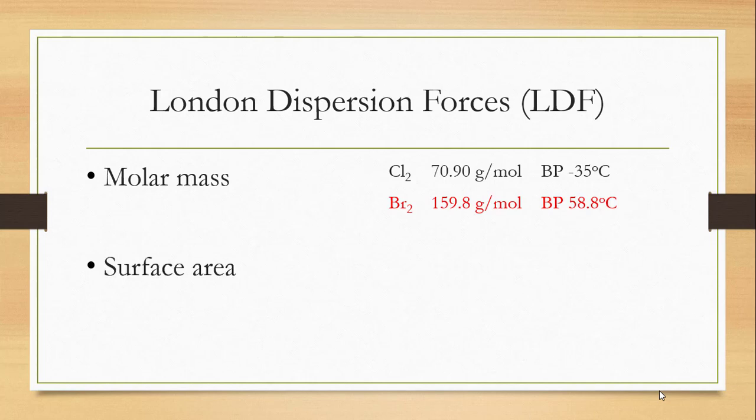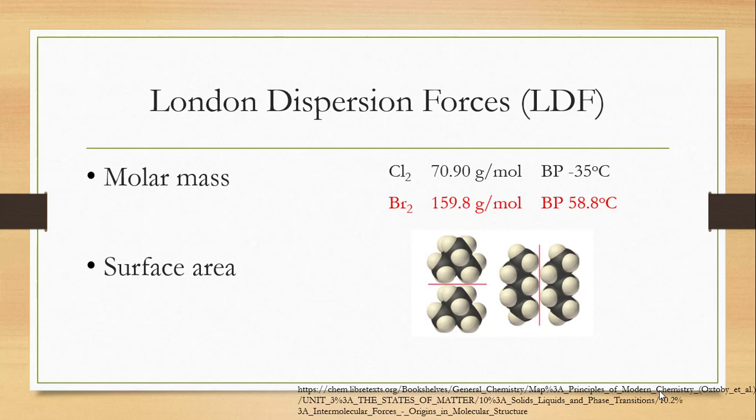How about surface area? Let's look at these two molecules. Now, both of these molecules have the molecular formula C5H12, so they both have a molecular weight of 72 grams per mole. The molecular weights are equal. Based upon what we just said, we would then expect the boiling points to be the same.